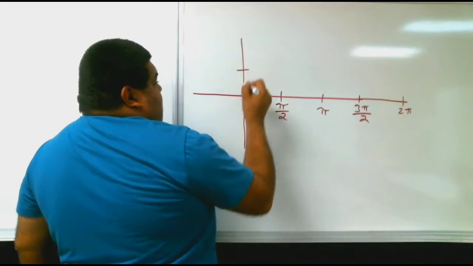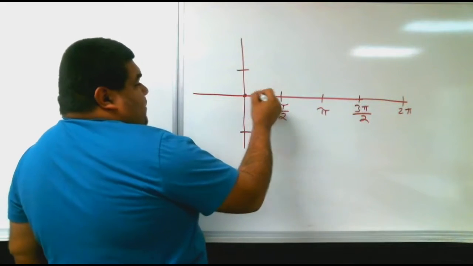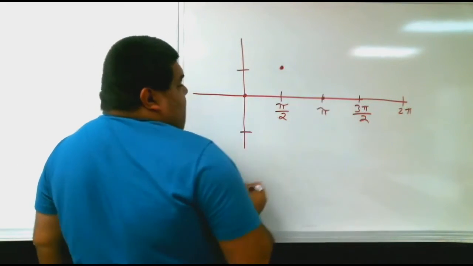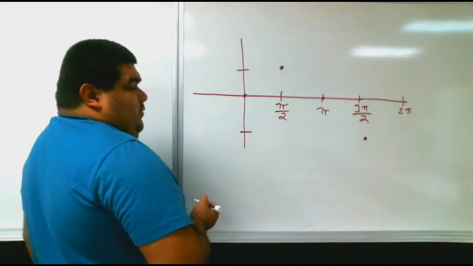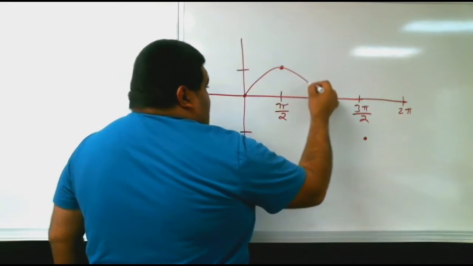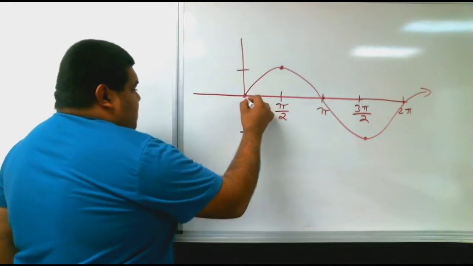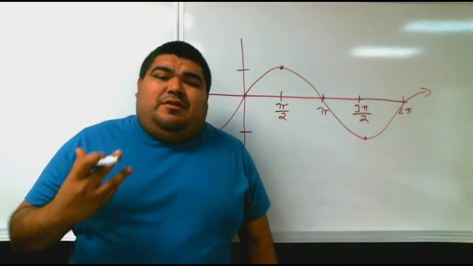It will go up 1. So we'll go from the origin to theta, up 1, then back to our center, and then down 1 on 3 pi over 2, and then back to the center. So our graph will look something like this. And then obviously down here we'll go there. We did these kinds of graphs a while back.